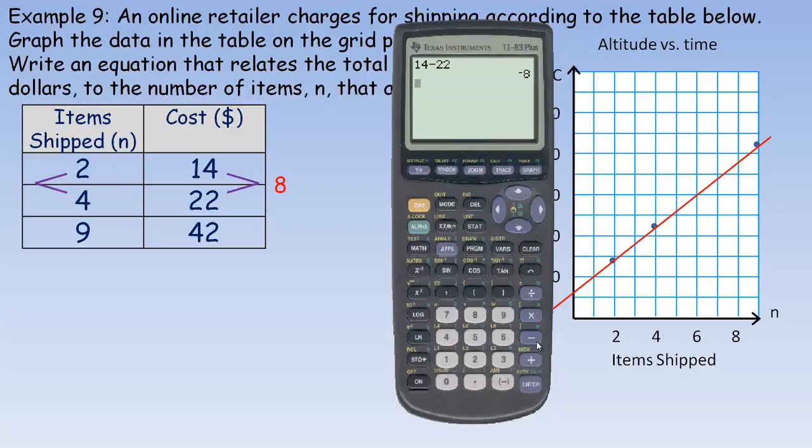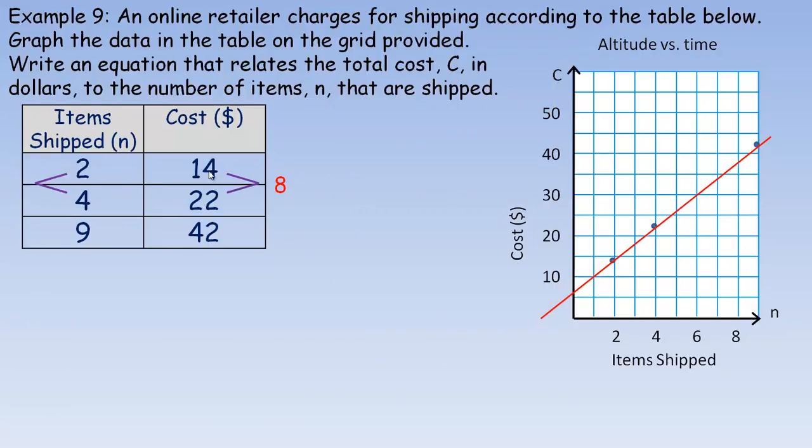That's actually the change from 22 down to 14. If I wanted to change from 14 up to 22, you should always type the second number first. 22 minus 14 is 8. That's an increase of 8 if you go from $14 to $22. And from 2 items to 4 items, that's a change of 2 items, so that's 2.